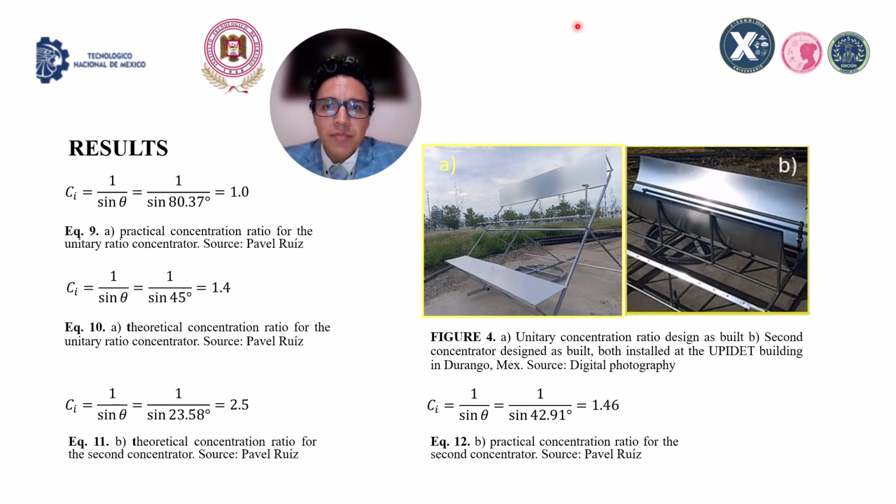This methodology was applied to build two solar concentrators, and these are the concentration gaps between the theoretical concentration ratio and the practical one for the first concentrator, and the theoretical concentration ratio to the practical concentration ratio of the second concentrator.